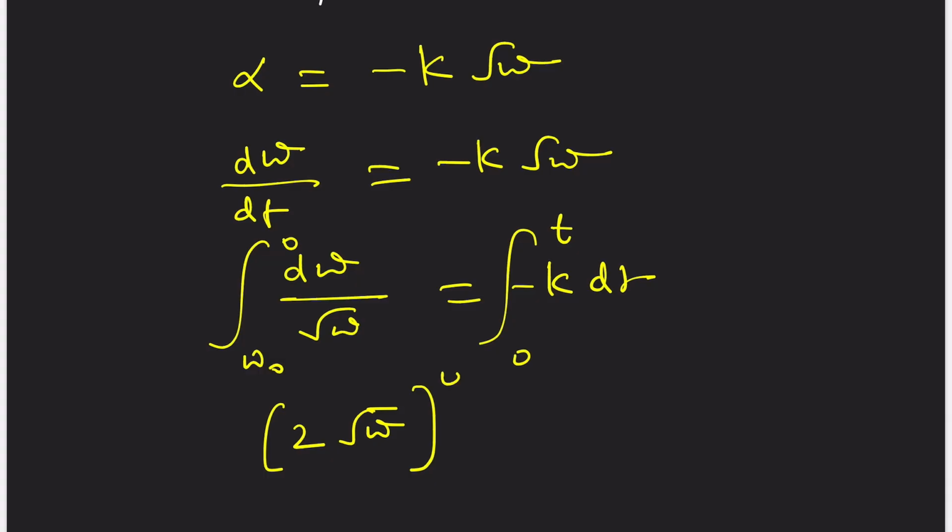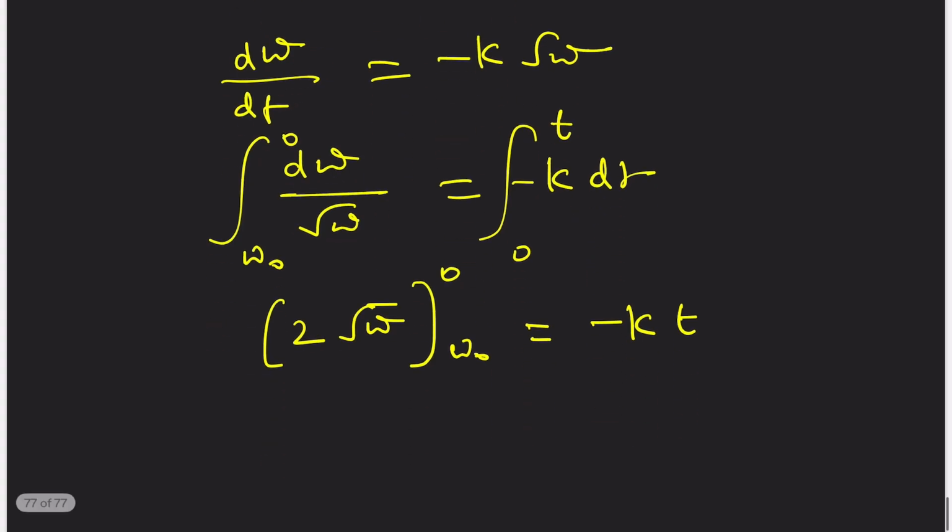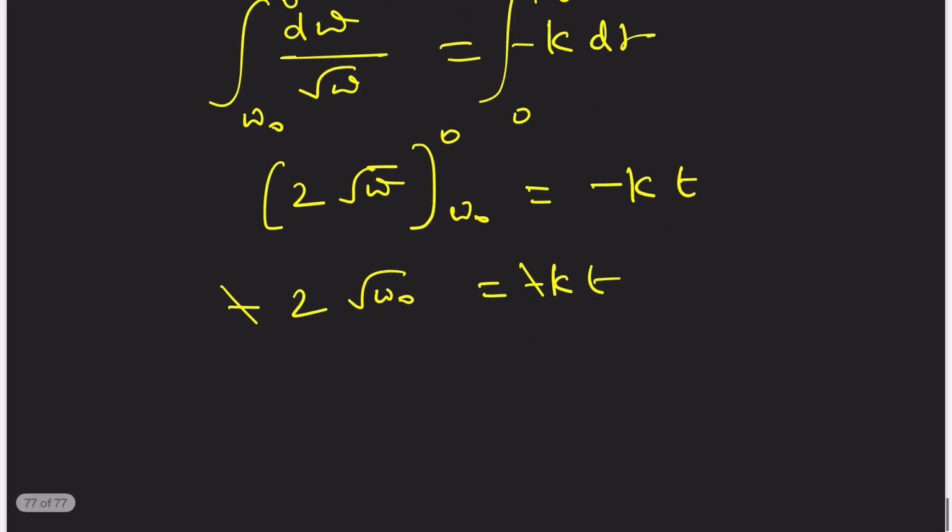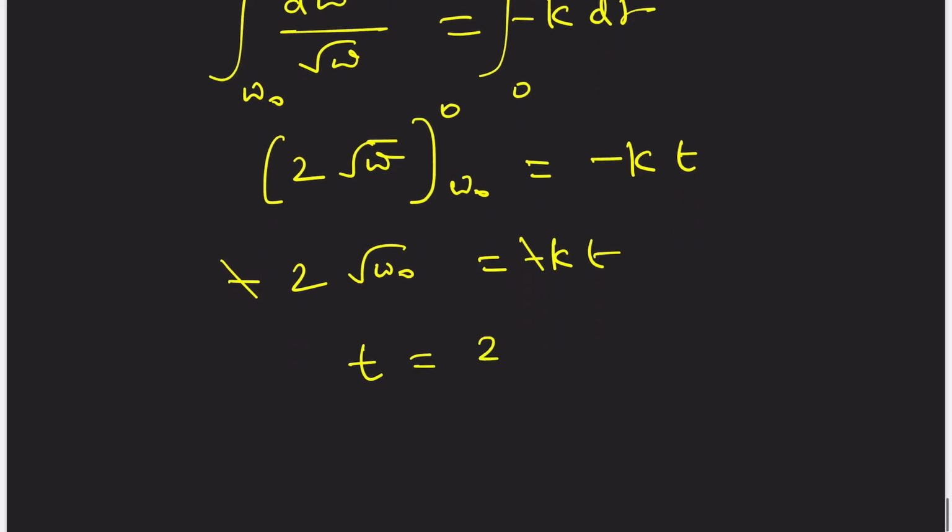So this is 0, this is omega naught, and this is minus kt. If we solve this, we get minus 2 root omega naught is equal to minus kt. The minuses cancel, so t is 2 root omega naught by k. So delta t is 2 root omega naught divided by k.